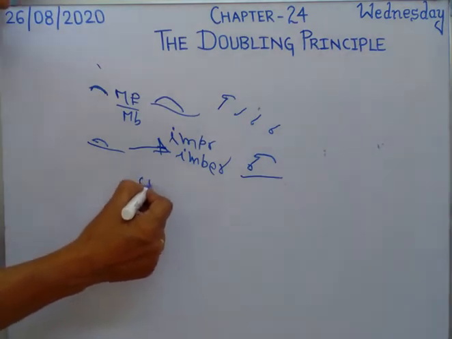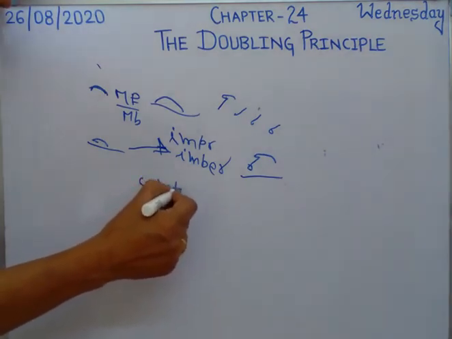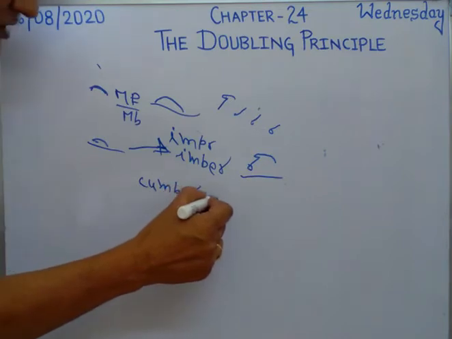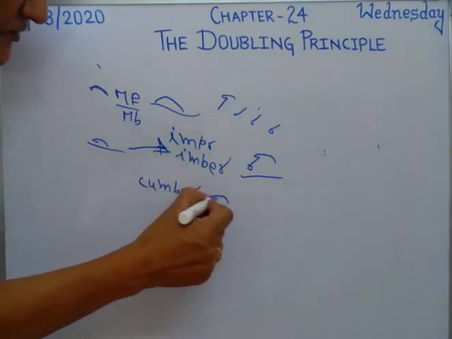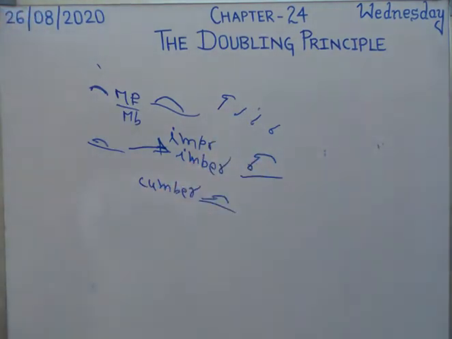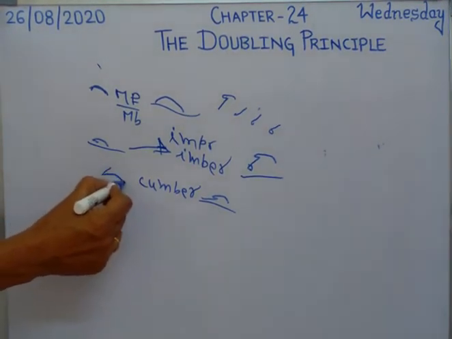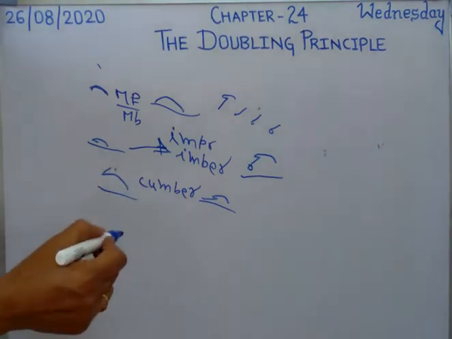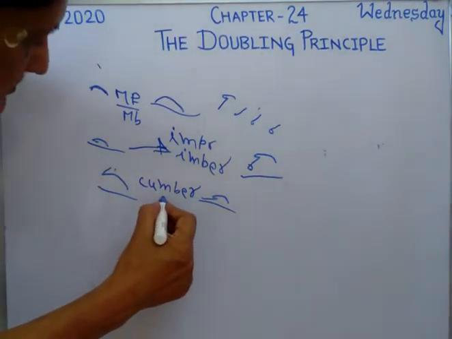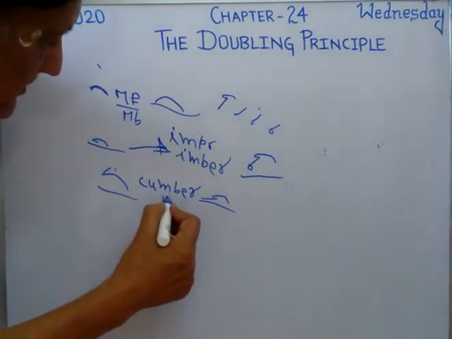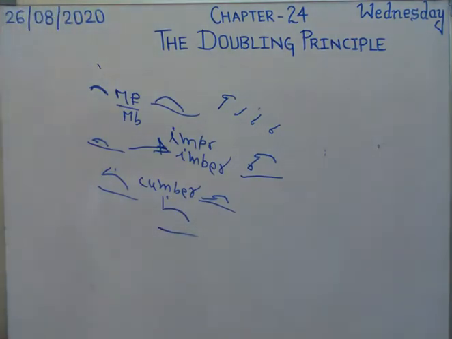Cumber, C-U-M-B-R, cumber. K is a horizontal stroke, so we have to use the hooked form. Except these two cases, in all other cases, we make use of the double end form of imper and imber. For example, chamber, imb doubled. Tamper, T, imp doubled. Next.